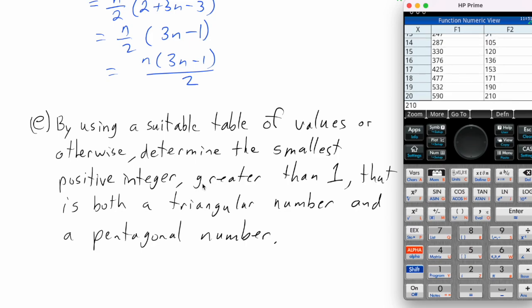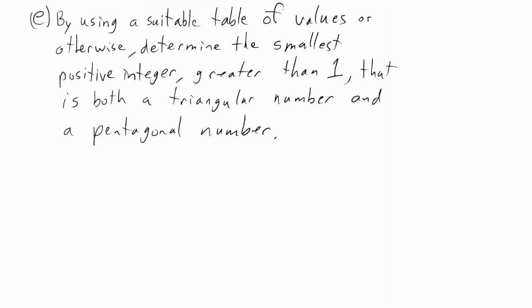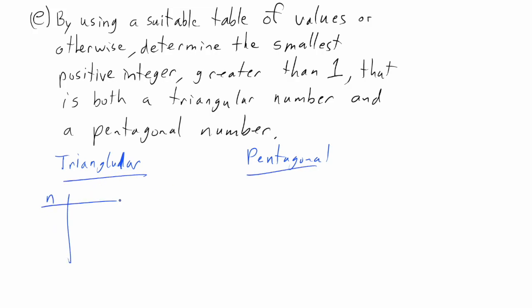Okay, now to show your work for this, you do not need to write down the entire table, just a snapshot of it, I guess. So let's just do a table for triangular numbers, triangular, pentagonal, and we have n, and I guess we call this P3 of n.